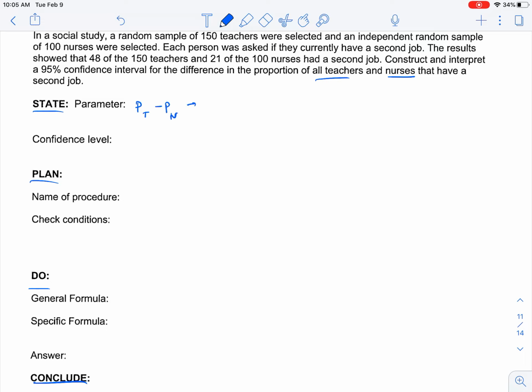Well, P sub t minus P sub n is going to be the true difference in the proportion of all teachers and nurses that have a second job.